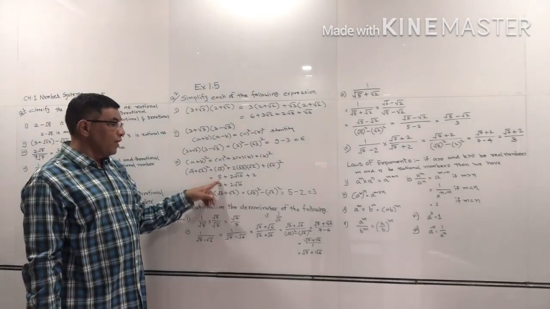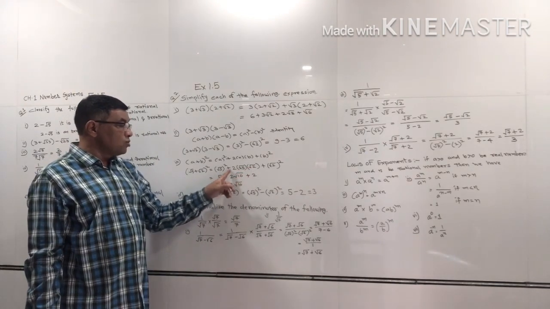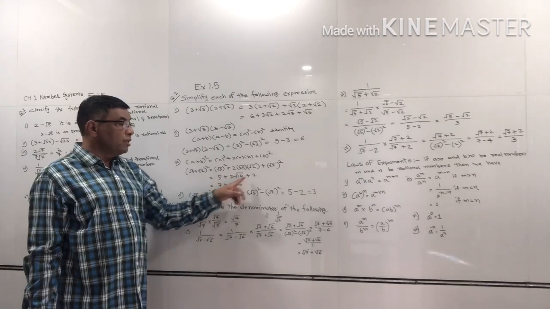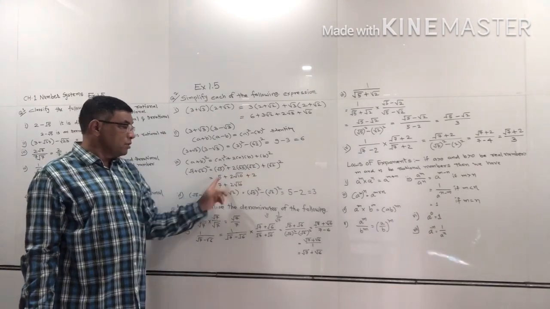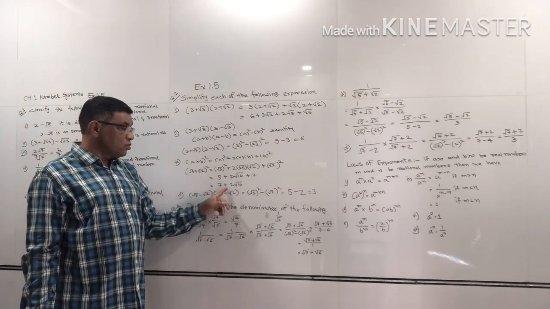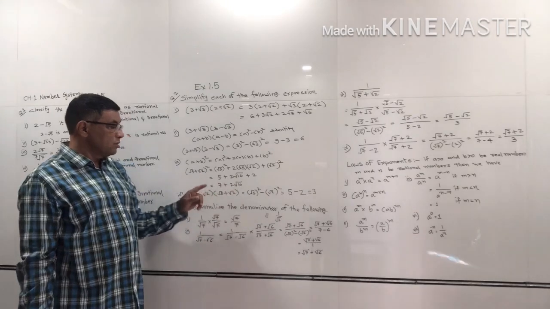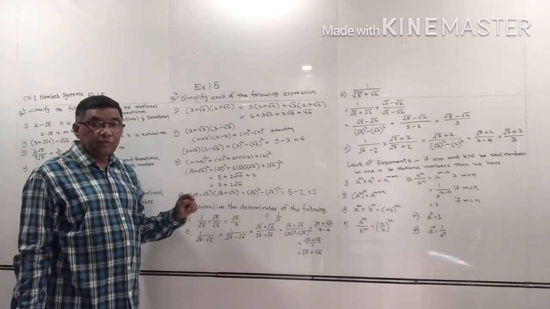Root 5 square is 5. Here we get root 5 into root 2, which is root 10. So plus 2 root 10 and root 2 square is 2. 2 plus this 5, total 7 plus this 2 root 10. So the answer is 7 plus 2 root 10.